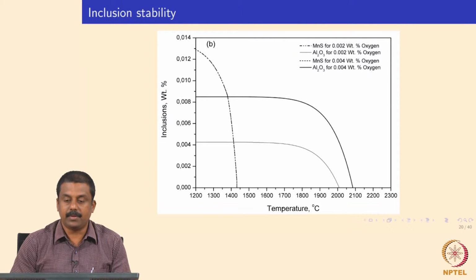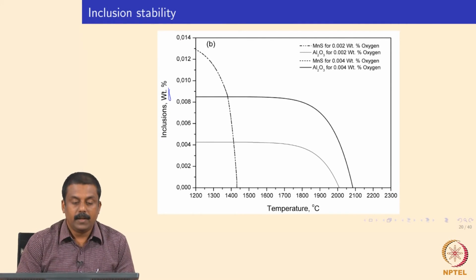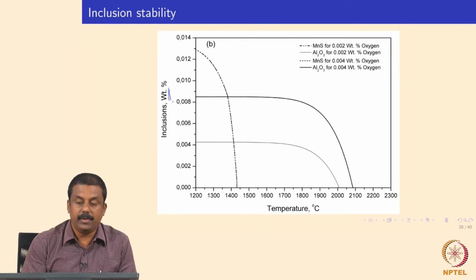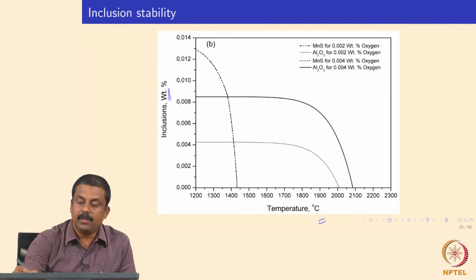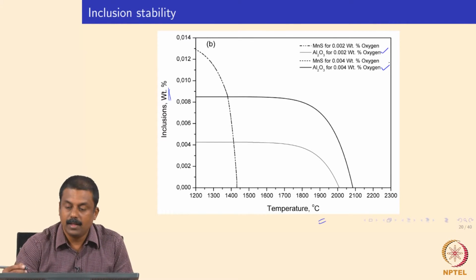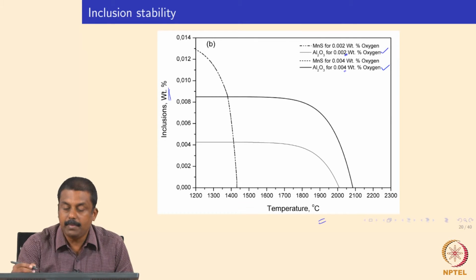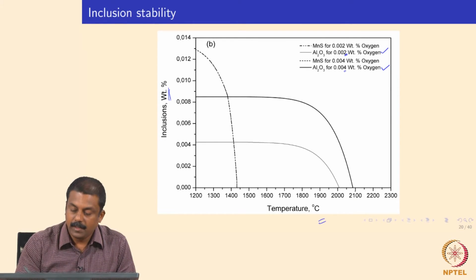For example, in this graph I show the weight percentage of inclusions that are commonly observed in TRIP steels as a function of temperature with two different oxygen concentrations. In the weld pool, when you are exposing the weld pool of aluminum containing TRIP steel to two different oxygen concentrations, this is 20 ppm and 40 ppm of oxygen.